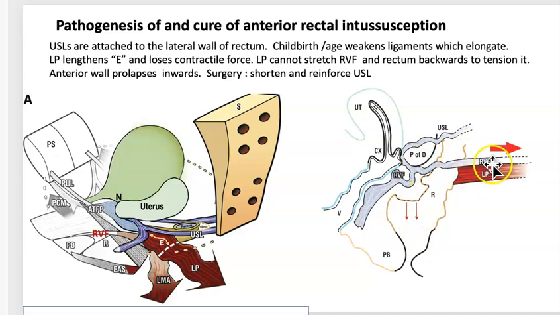So what Abendstein did, he put a sling in here to shorten and pull back the uterosacral ligament, and that restored the anatomy, restored the levator plate contractility. So you don't need to put a mesh here, just fix up the ligaments.